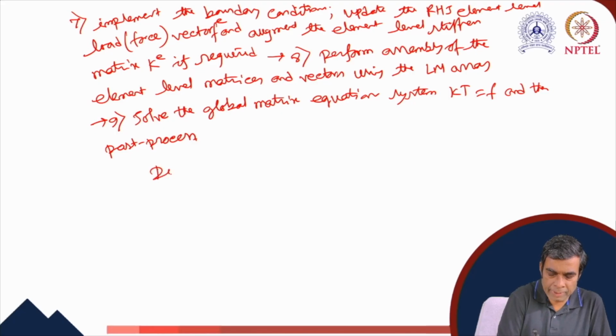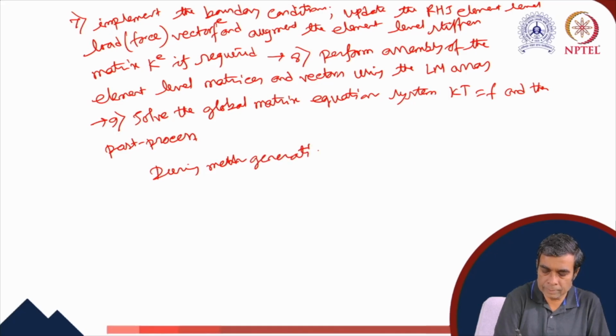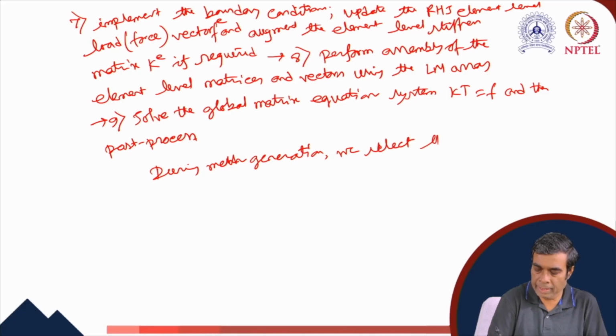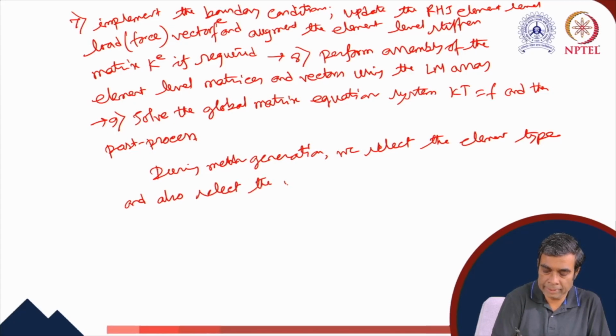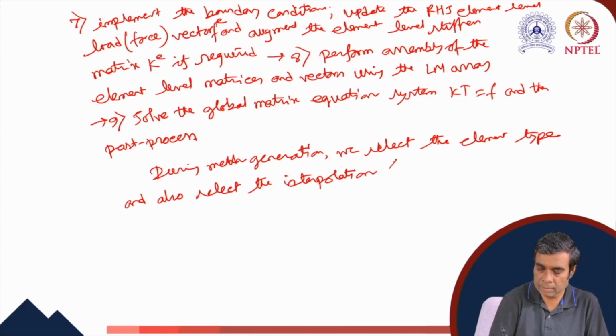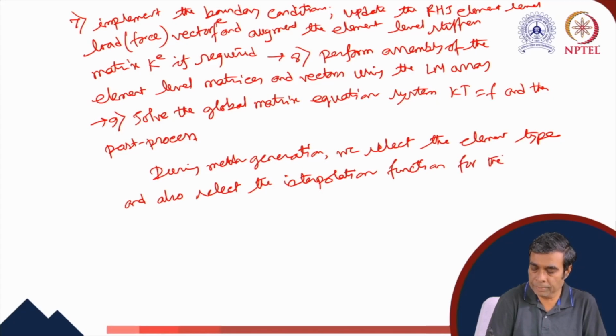So during mesh generation, we select the element type and also select the interpolation functions for the degree of freedom.